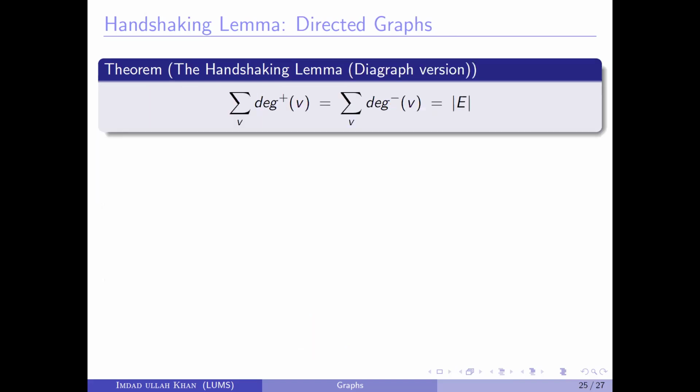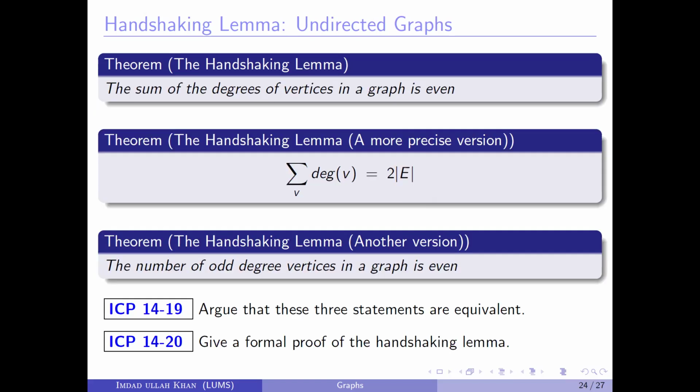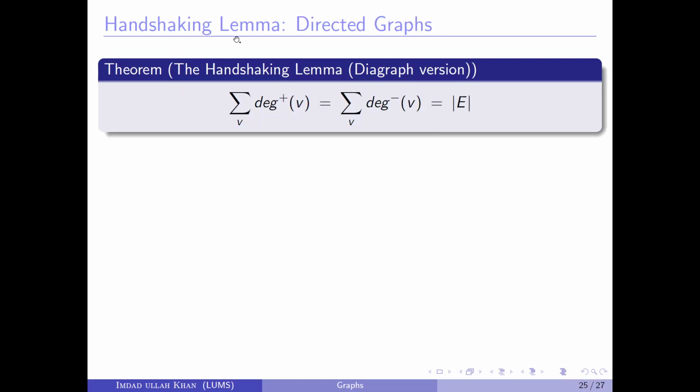And similar stuff is there in the case of directed graphs. For every edge in the directed graph, from one end it contributes to the out degree, and from the other end it contributes to the in degree.